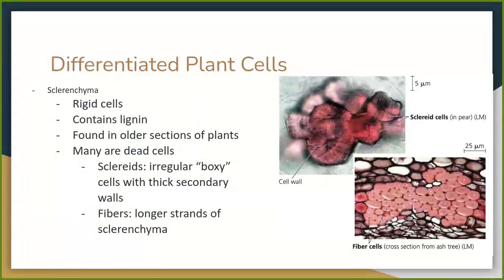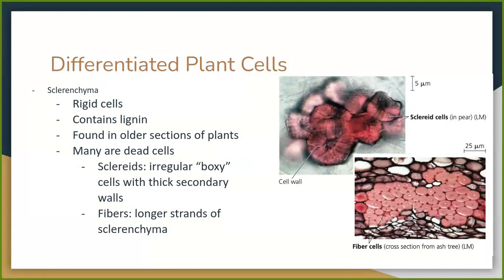These types of cells cannot elongate, they cannot really grow either. So you'll find these types of cells in the non-growing parts of a plant. And then you can further split sclerenchyma cells into two different types. One is known as a sclereid, the other is a fiber.